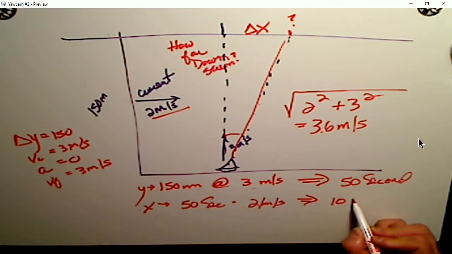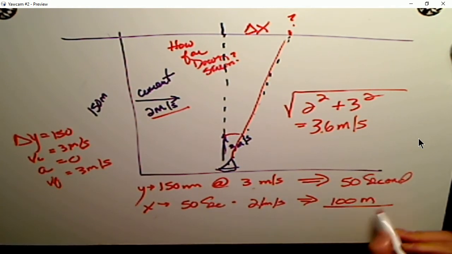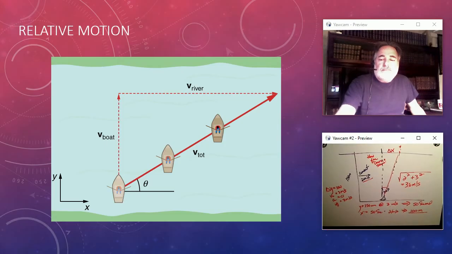The amount downstream is 100 meters. Now you could have figured it out through ratios as well. This one tends to be a very easy example.